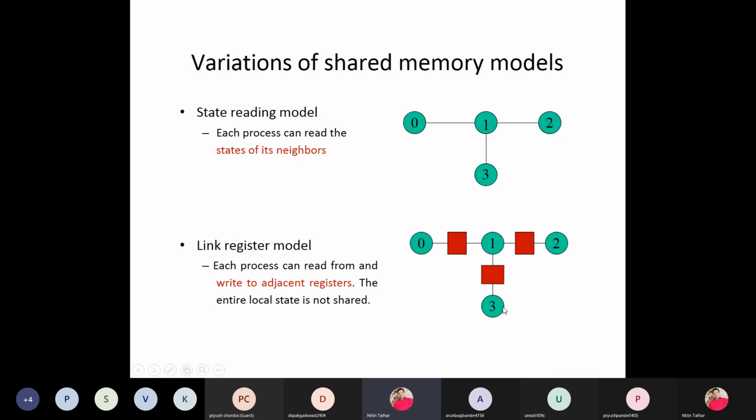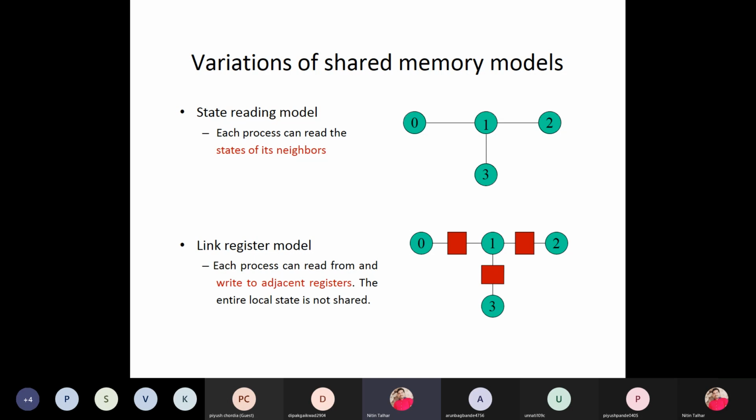Now whatever the state of node number 3 is, that is not available with node number 0 or node number 2 because they are not adjacent to each other. I think all of you are getting this point. Only node number 1 is adjacent to all the other 3 nodes. That's why node number 1 only has the information of the adjacent nodes, not every node.